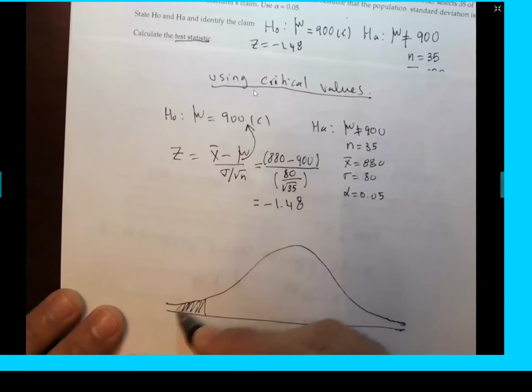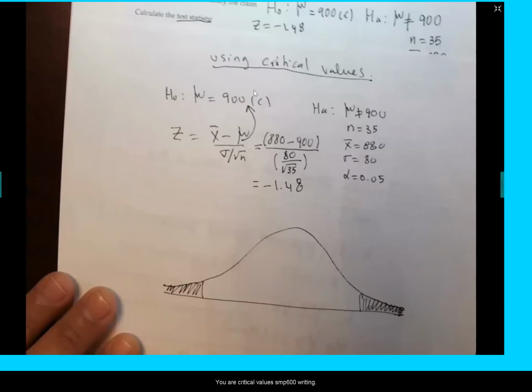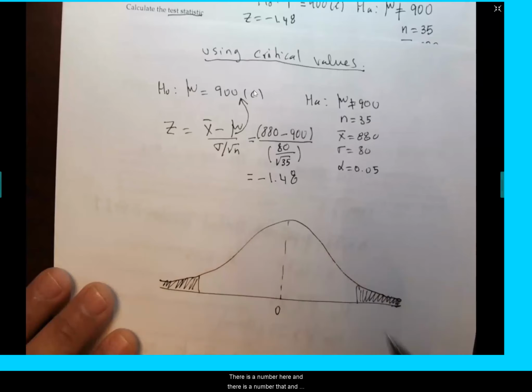So you shade two tails here. Your critical values, guys, and this is 0 right here. There is a number here and there is a number there, and they're exactly the same but opposite in sign, because this curve is symmetric. Those values are called the critical values. Your book calls them Z0. One is going to be negative and one is going to be positive.